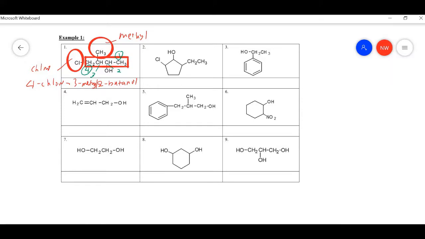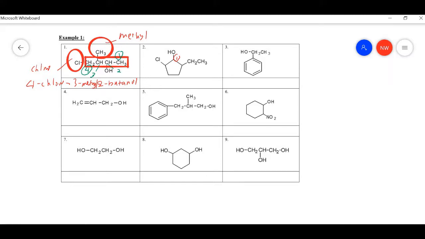So let's see example yang seterusnya. So bila dah you dapat cyclic structure, always put OH sebagai position yang pertama. Okay, letak OH position yang pertama. After that you numberingkan the other substituent, ikutlah kita punya alphabet dia berapa.